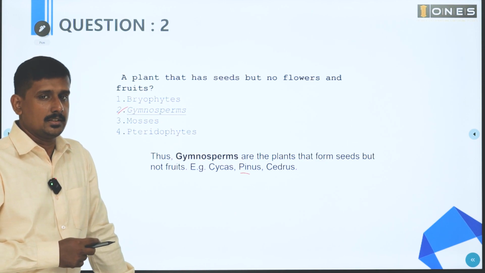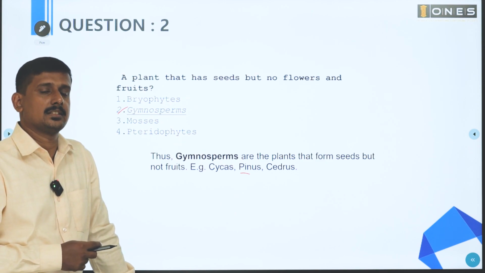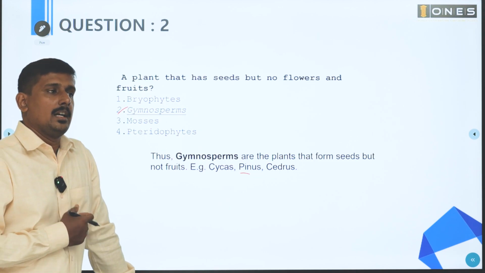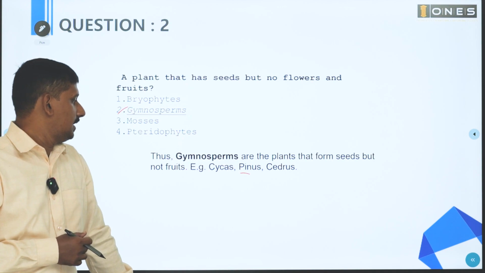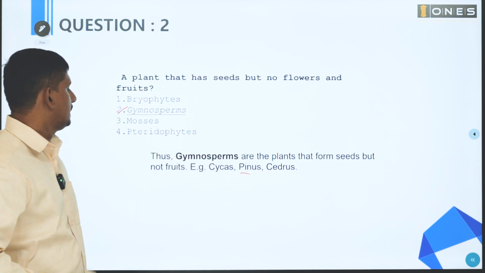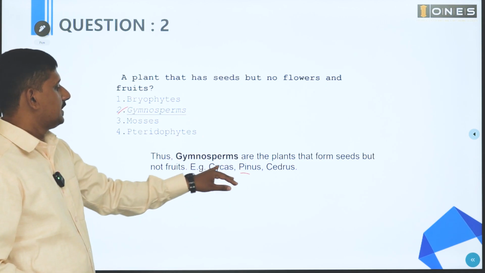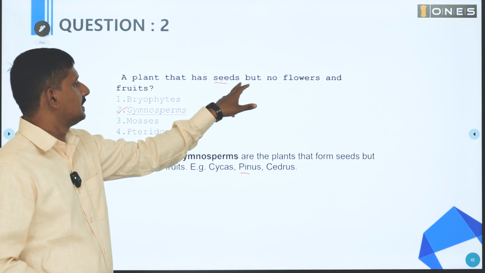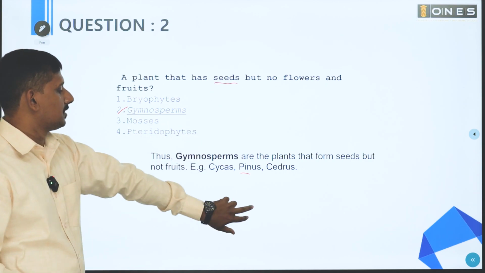Because the climate condition is such that they are highly resistant, less susceptible than flowers to the drooping of leaves in snowy regions. So, Gymnosperms are the plants that form seeds but not fruits. Examples are Cycas and Pinus. The plant that has seeds but no flower is called a Gymnosperm.